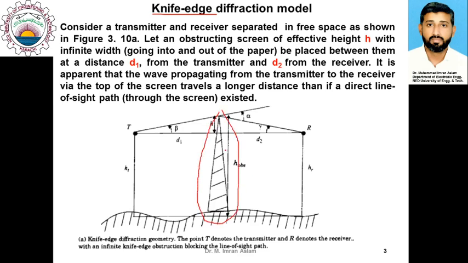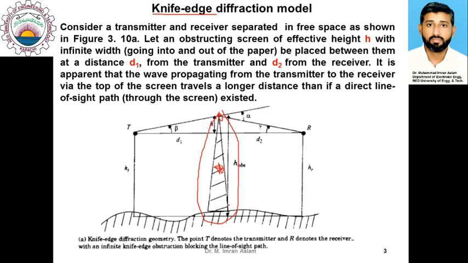So this edge is actually a very narrow screen of virtually 0 width, very small. Actually, the corner has an obstruction here, and we are assuming that this screen is extending towards infinity in the perpendicular plane.